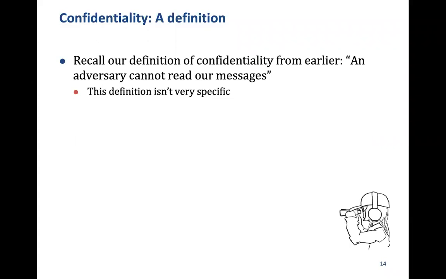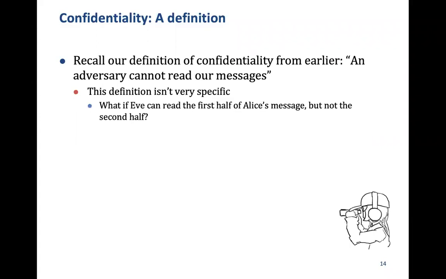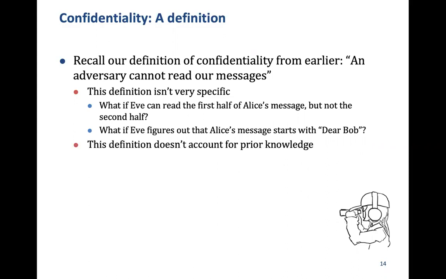It's not very specific. For example, what if Eve can read the first half of Alice's message, but not the second half? Can we say it's confidential? Or if Eve figures out that Alice's message always starts with, say, dear Bob, or anything else, right? So this definition also doesn't account for prior knowledge.